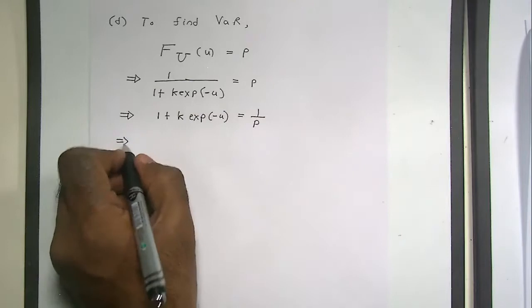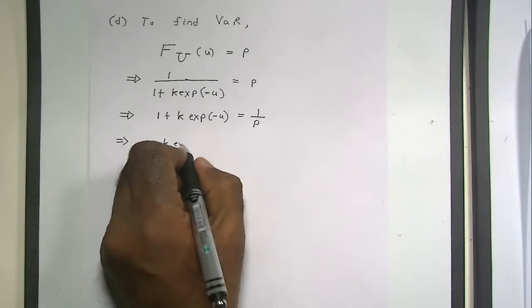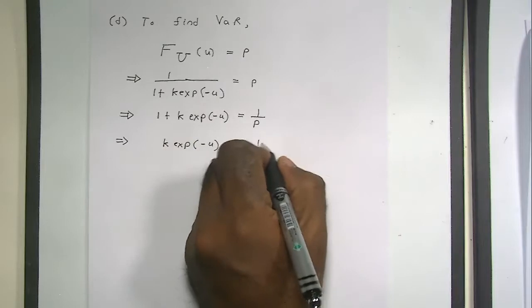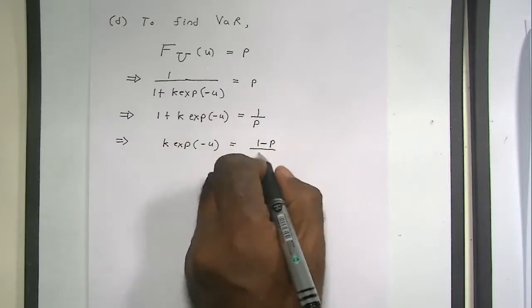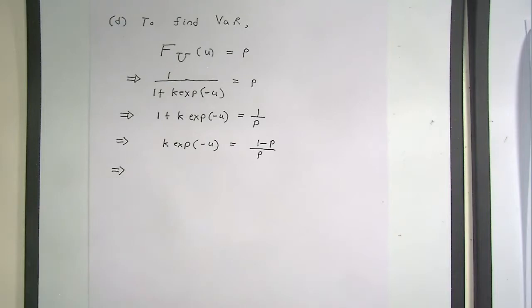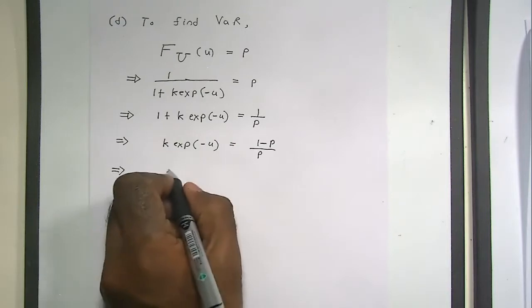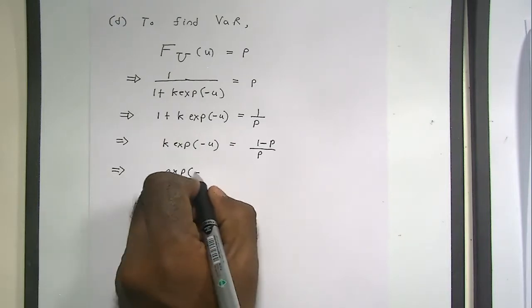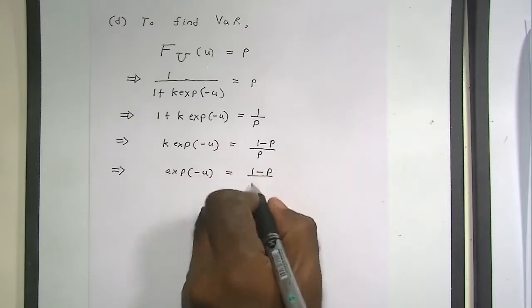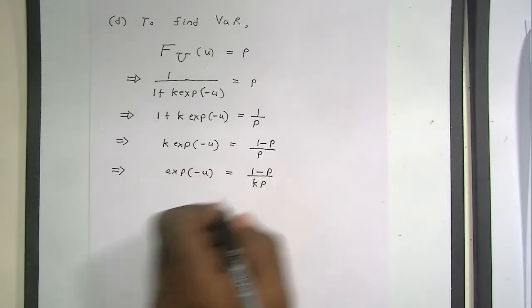So this implies that k e to the minus u is 1 minus p over p, okay. So exponential of minus u is 1 minus p divided by kp.